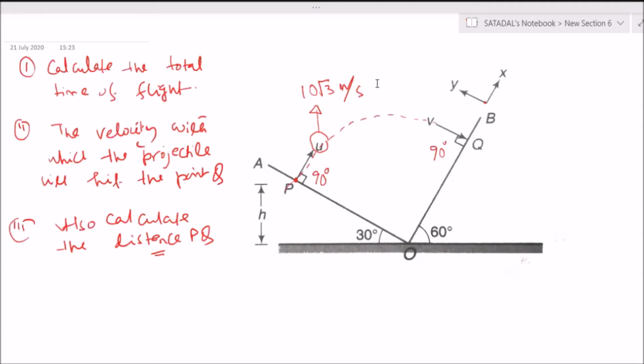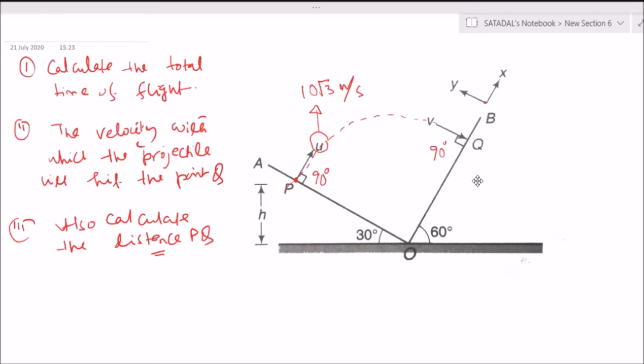No, Shiva. Check again. Snehita? Sir, is time of flight root 6 seconds? No. Check again. Dinesh? Sir, the time of flight is 6 seconds. No.